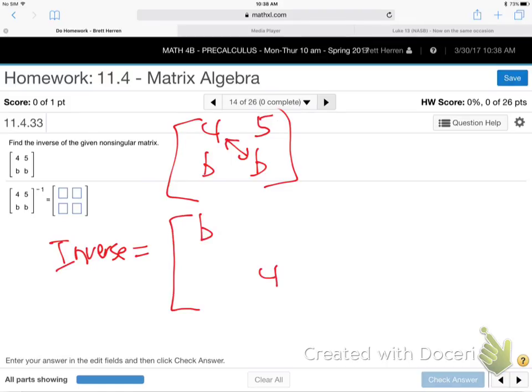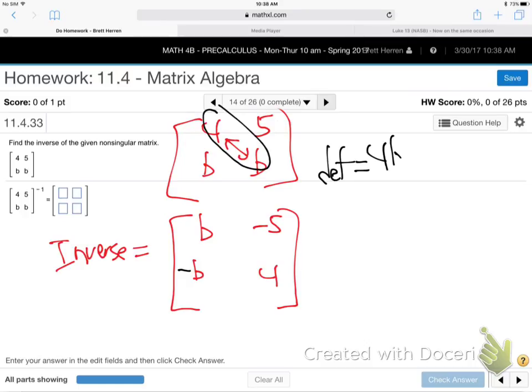B here, 4 here. And the determinant, right? So everybody good so far? I switched the main diagonal. I didn't change the sign on that one, did I? I changed both the signs on the other diagonal. And now the determinant is always main diagonal, 4b minus other diagonal, 5b.